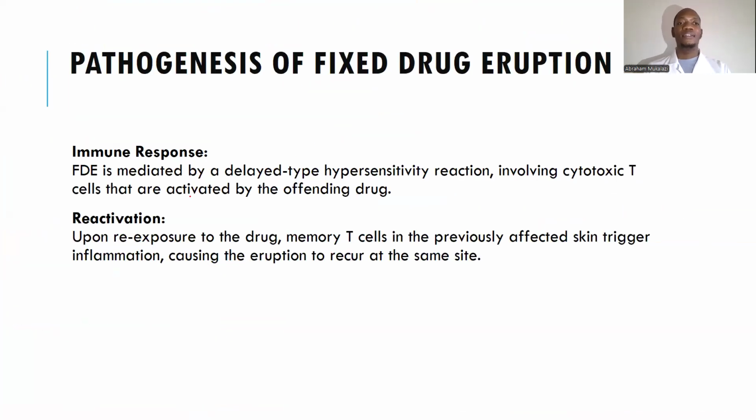In the pathogenesis, it has been thought that fixed drug eruption is a type 4 hypersensitivity reaction. In this case, it involves the activation of cytotoxic T cells that are activated by the offending drug. And the reactivation has been thought to be due to formation of memory T cells that are left in the same area of the skin, that will only be activated when someone gets re-exposure, and they'll cause a reaction in the same area.